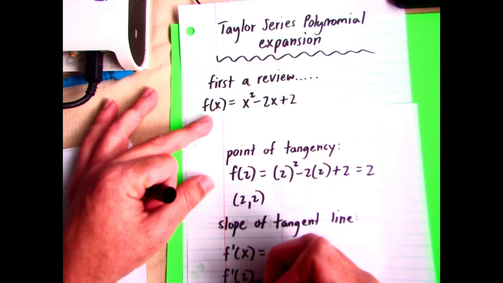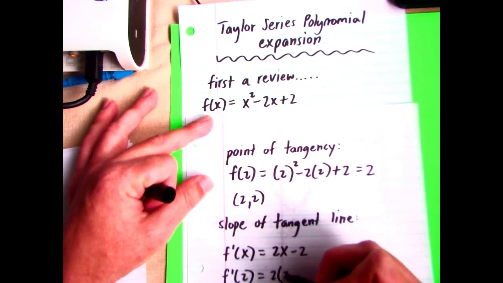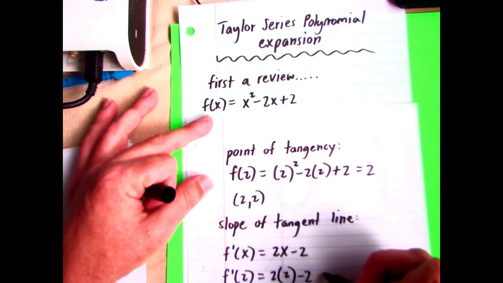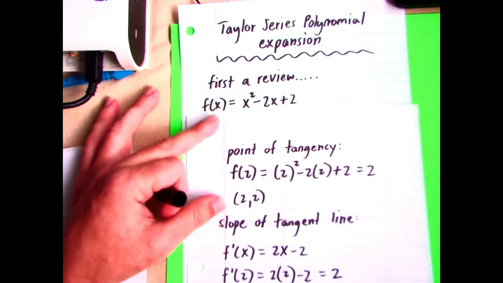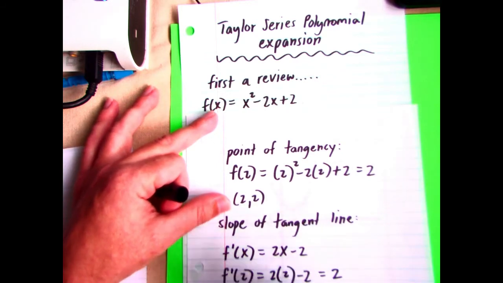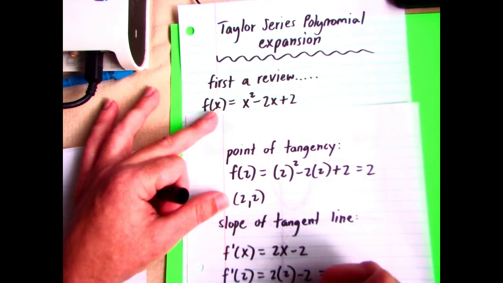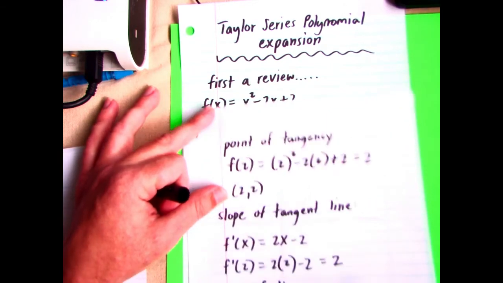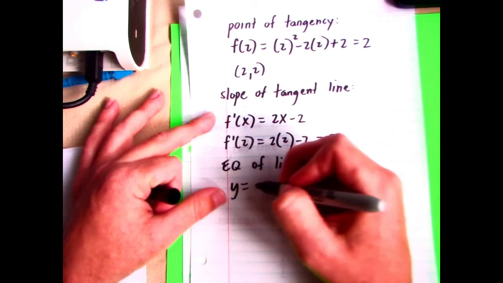So if we input 2 into that, f prime of 2 is going to be 2. So the slope of our tangent line is 2. With these two pieces of information, we can write the equation.